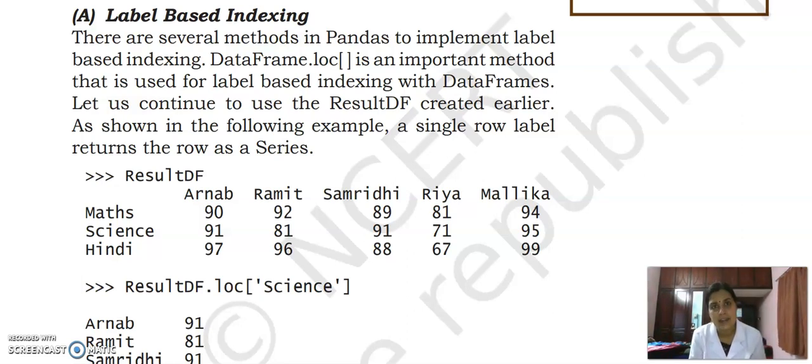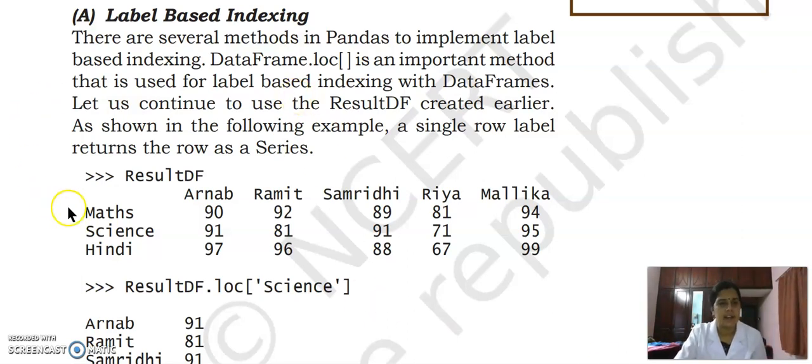If we created a data frame, definitely there must be a name. So how can we access the elements by using label based indexing? That's our question. For that, there is a method known as LOC. This LOC is operated as data frame dot LOC, and instead of data frame, we use the data frame name.